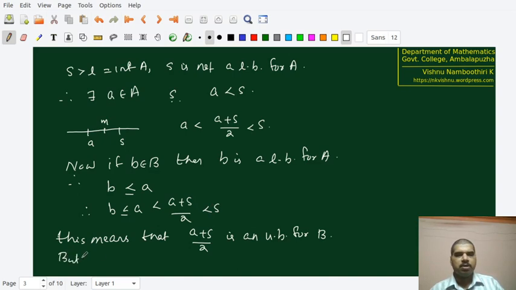But supremum of B, equal to S, is less than or equal to every upper bound for B. But here we are getting that S is greater than (a plus S)/2, and (a plus S)/2 is still an upper bound for B. This is a contradiction.